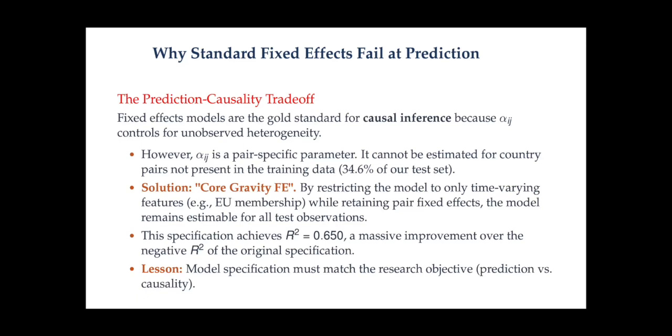Fixed effect models are the gold standard on the causal inference side, but in fixed effect models the error term alpha ij, which is pair-specific, cannot be estimated for country pairs not present in the training set. So it is a fundamental issue with the fixed effect model for prediction.